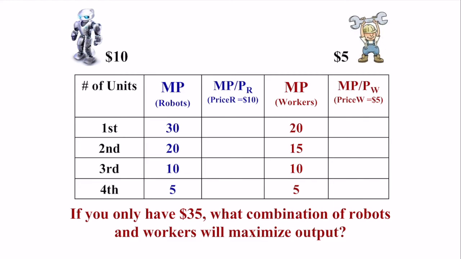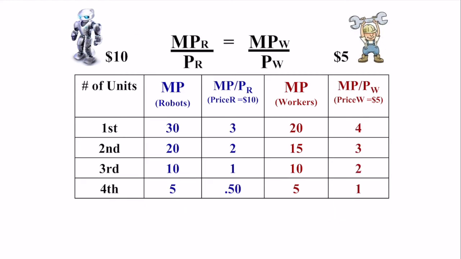Again, $10 is the cost of the robots, and $5 is the cost of labor, right? But we don't care so much about the marginal product as the marginal product per dollar spent because they have different costs. This lets us compare apples to apples. So let's just spend the marginal dollar here, right?